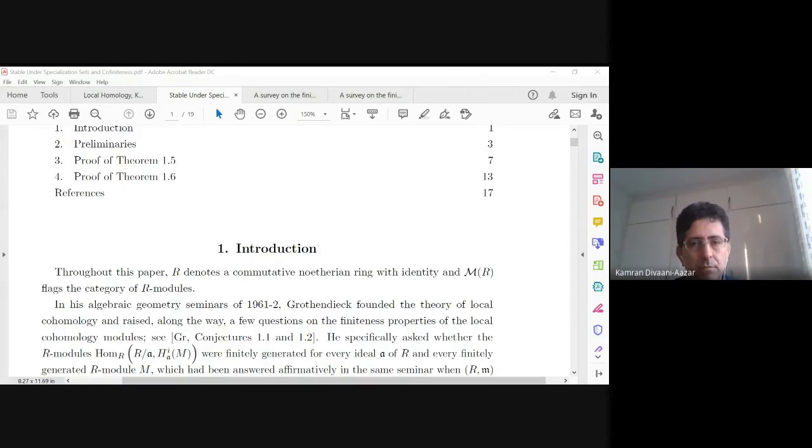But one should ask about the set of co-associated primes, and co-associated primes are not always finite. So we have cases in which the set of co-associated primes of local cohomology modules is finite, and also one can construct examples in which it is not finite.